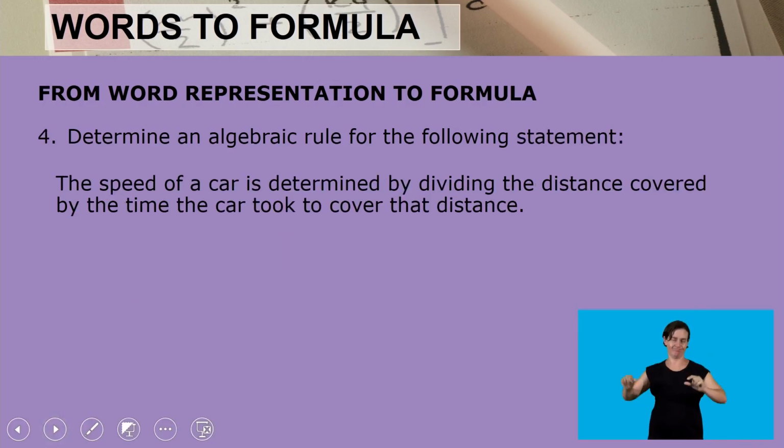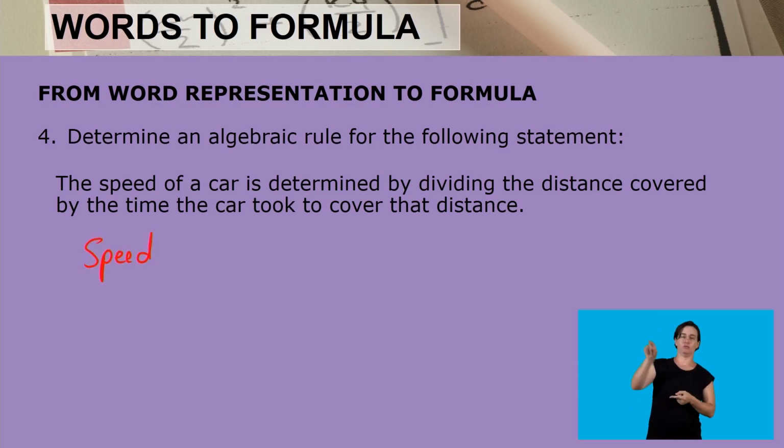And then our last question there is again us determining an algebraic rule from the statement. It says the speed of a car is determined by dividing the distance covered by the time the car took to cover that distance. So when we look at our statement, it says there that the speed of this car is determined, so meaning the speed is equal to, so it is determined by dividing.